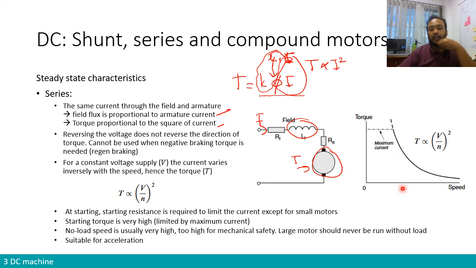But in the series machine, for a constant voltage supply V, the current varies inversely with the speed. So we are going to have the inverse square of the speed, and as the speed increases, the torque is going to drastically decrease with the inverse square equation.